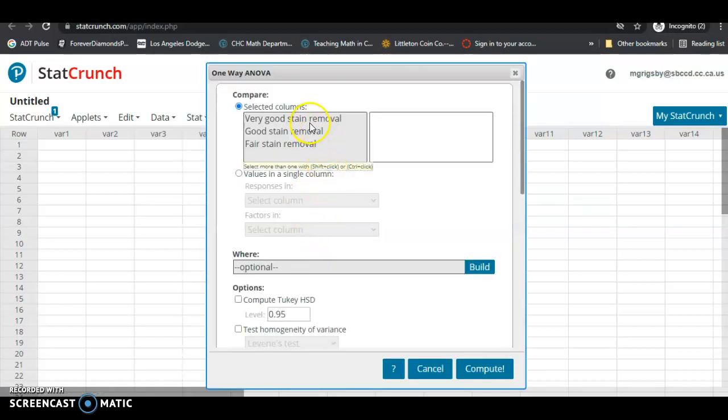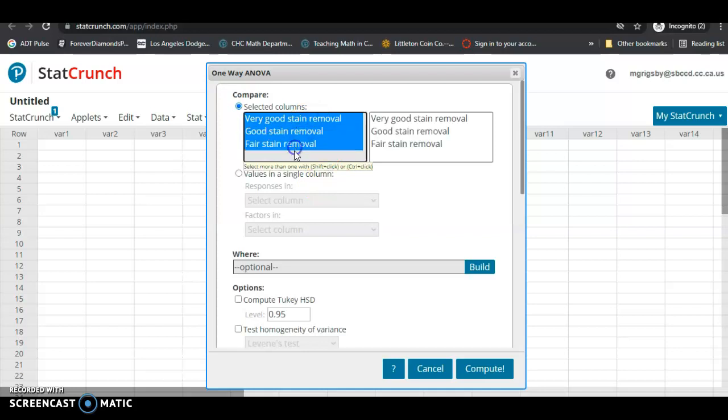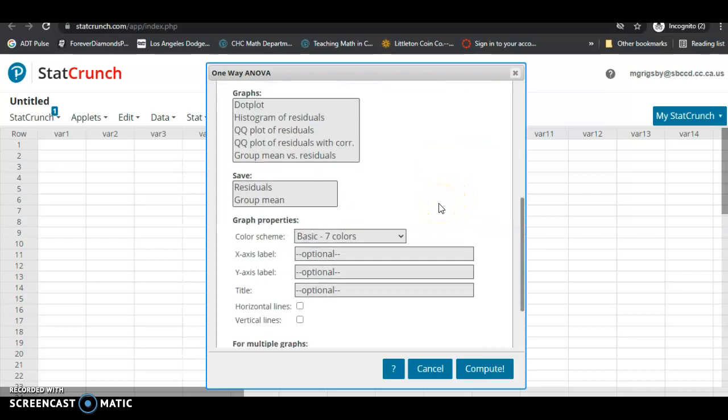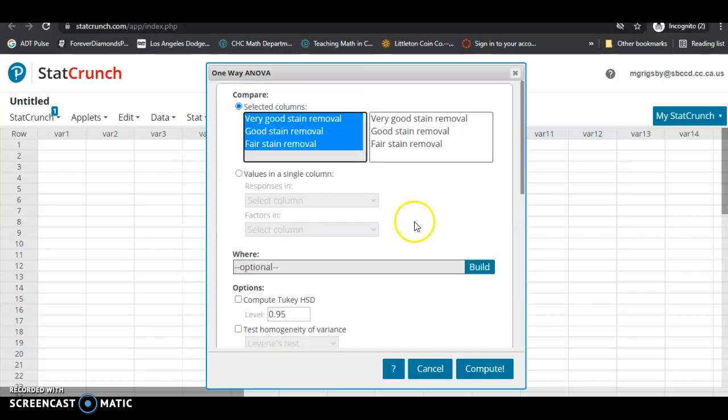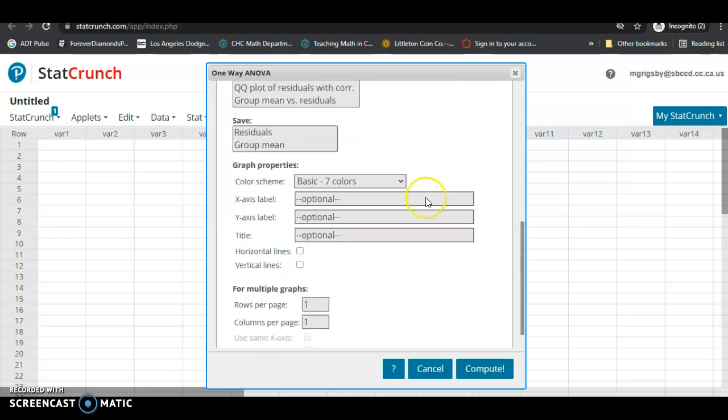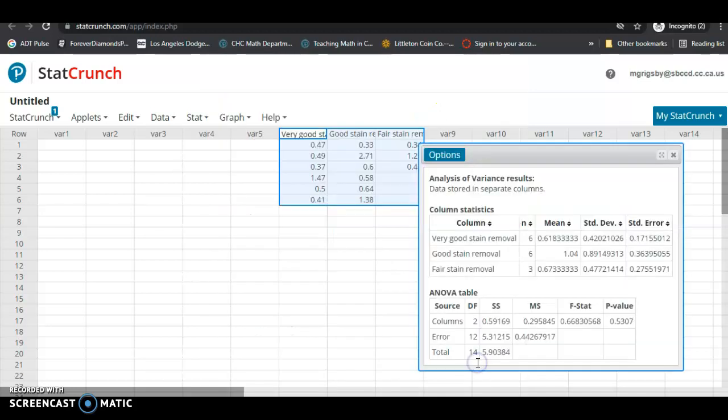All right, and we're going to select the three columns that contain our data. Make sure you hold down either the control button or command button as you select the columns. Okay, and then there are several options that you can select, but we're going to ignore many of these options. So let's go ahead and click Compute.